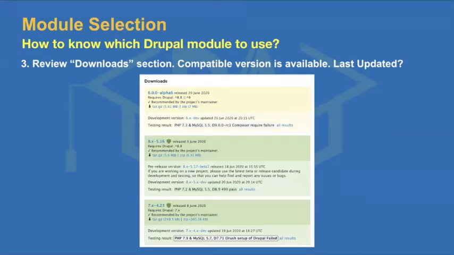So the next candidate is this one that's all in green. It's very inviting. And it says, this is a Drupal 8 5.16 version of the module. And this was released fairly recently too, June 3rd, 2020. It's stable. The green shield represents it's part of the Drupal security policy. And it's passed the testing results.